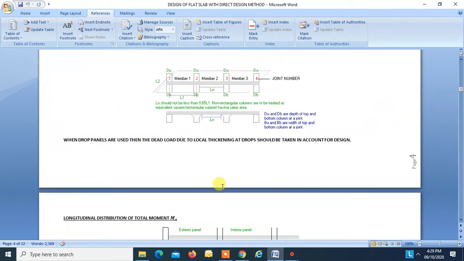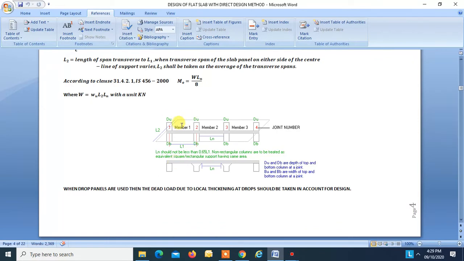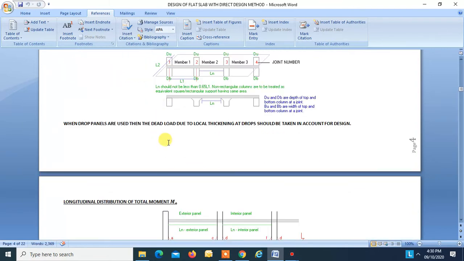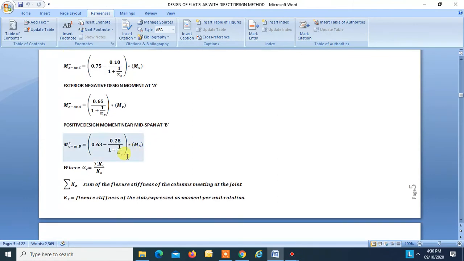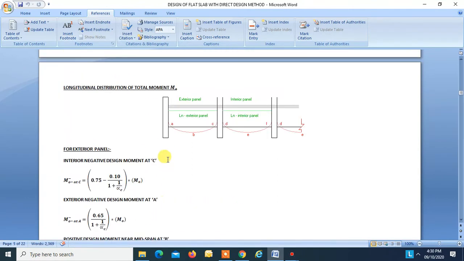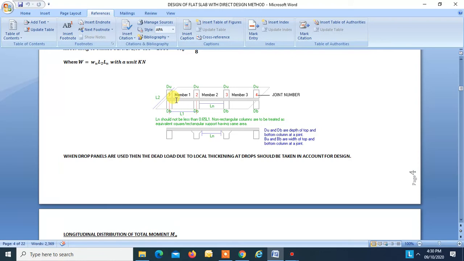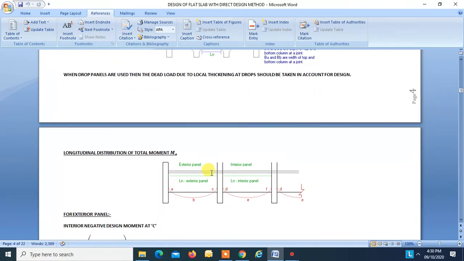Suppose we are seeing joint number one, then the flexure stiffness of the column at top and bottom of the slab, the sum of that is sigma Kc. And Ks is the flexure stiffness of the slab falling at that joint.